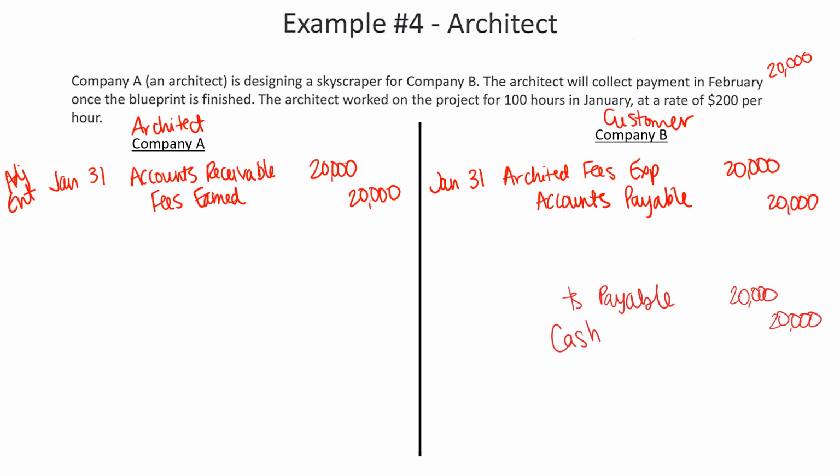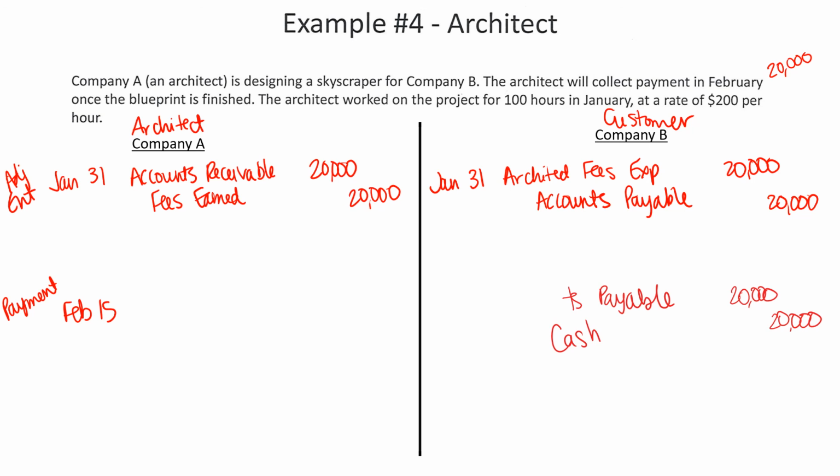So again, just like example number 3, these are the actual adjusting entries, like what we're learning in this chapter. But just to give you a big picture idea of what actually happens when the cash does change hands, so we'll say that the payment is on February 15th.